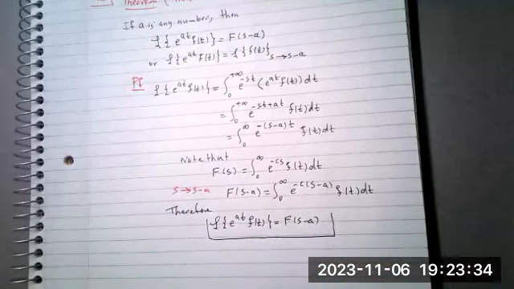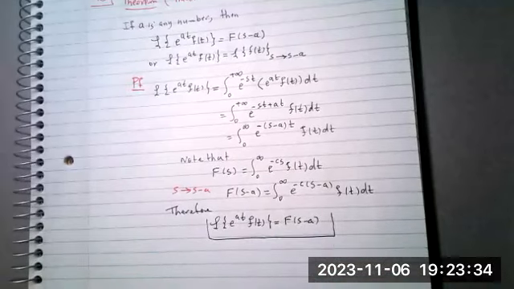What's the Laplace of t cubed? It's going to be 3 factorial over s to the 4th power. Yes, that's it. But you change the s into the s minus 5, because this is F of s, and you change it to F of s minus 5.